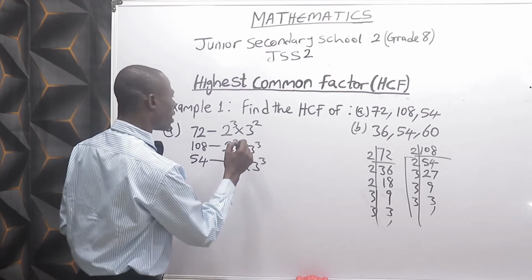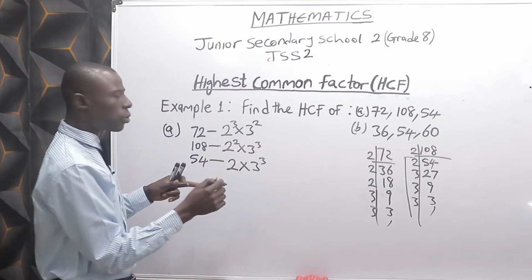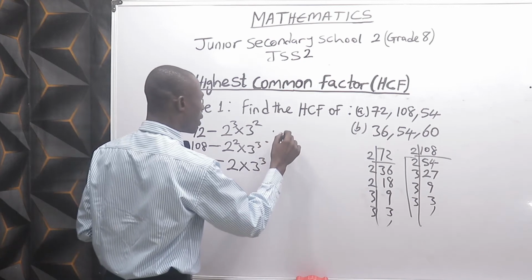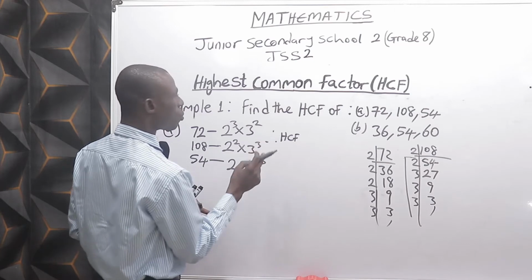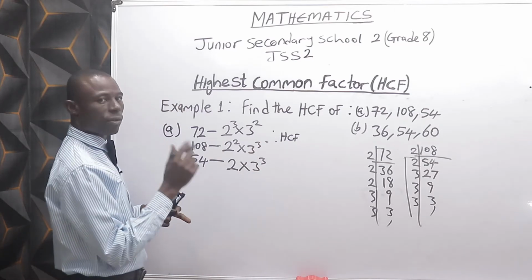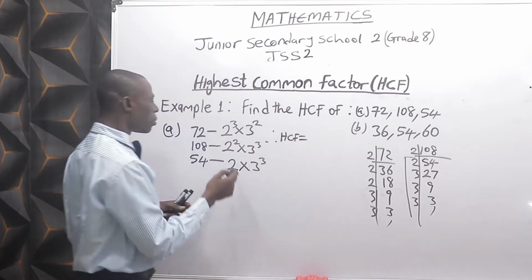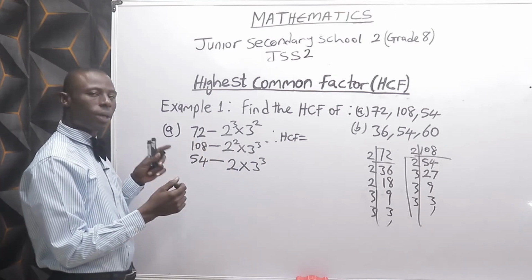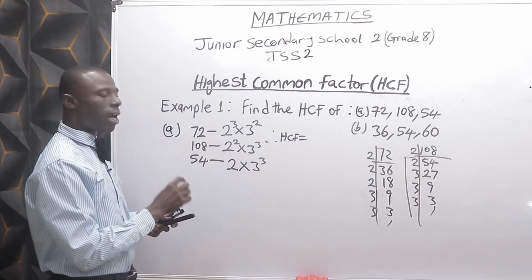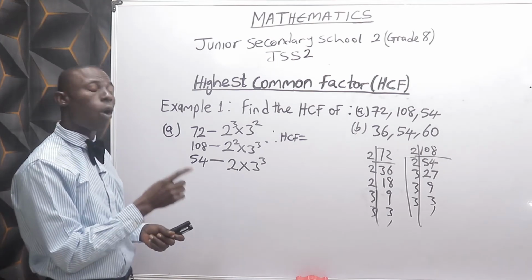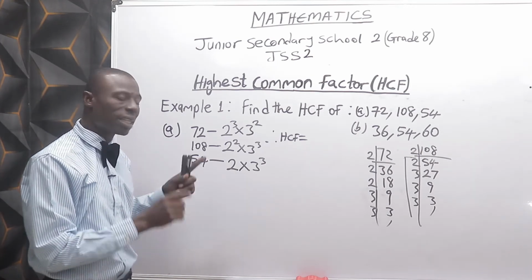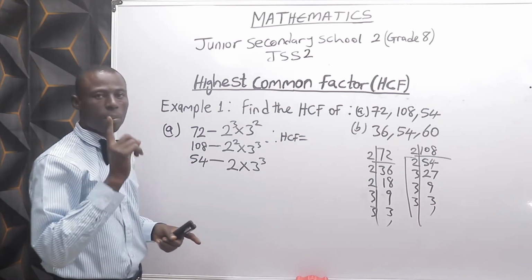So finding the HCF using this approach, HCF of 72, 108, and 54 is equal to, come here. In this approach, HCF is taken as the product of only the common factors in their lowest power.